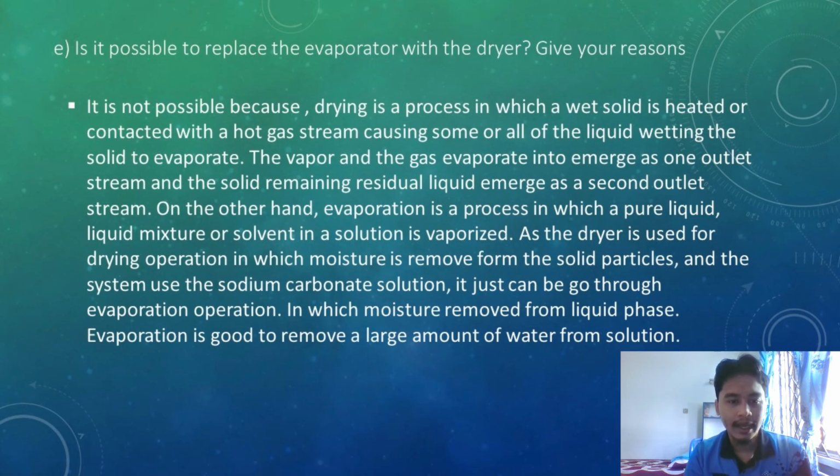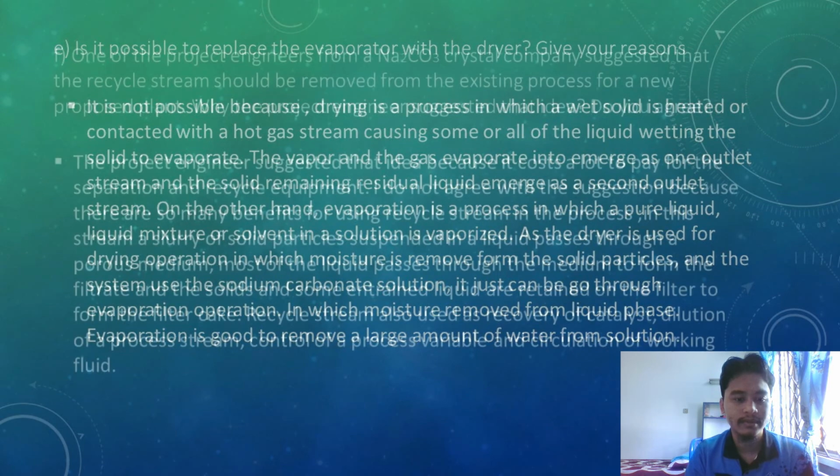On the other hand, evaporation is a process in which a pure liquid, mixture, or solvent in a solution is vaporized. The dryer is used for drying operations, in which moisture is removed from solid particles, and since the system uses sodium carbonate solution, it can only go through an evaporation operation, in which moisture is removed from the liquid phase, and evaporation is good for removing a large amount of water from solution.